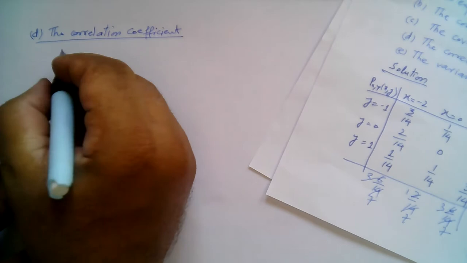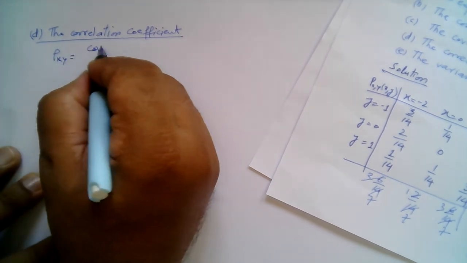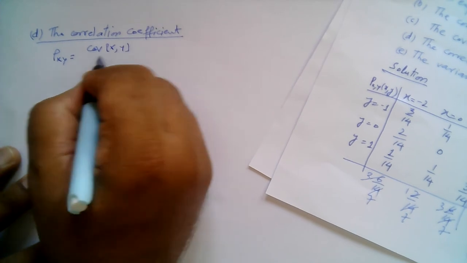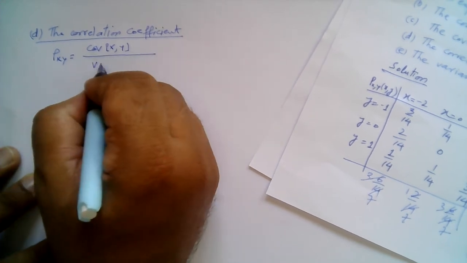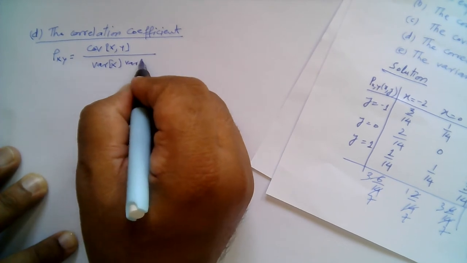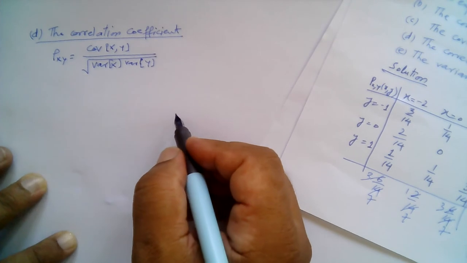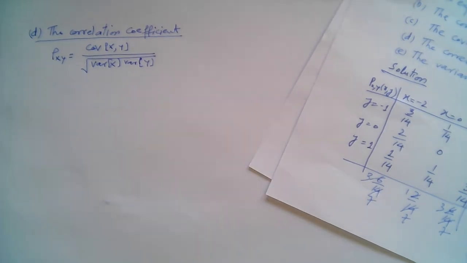The correlation coefficient, which is denoted by rho xy, is given by the covariance of x comma y divided by the square root of the variance of x times the variance of y. So covariance we have already calculated. We just need to calculate the variance of x and variance of y before we can compute the correlation coefficient.